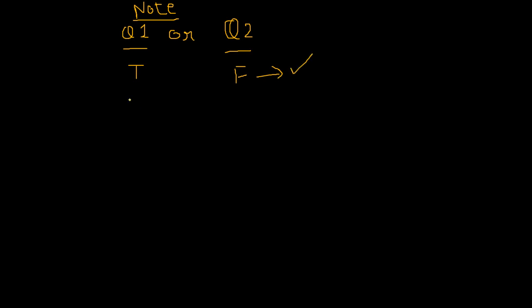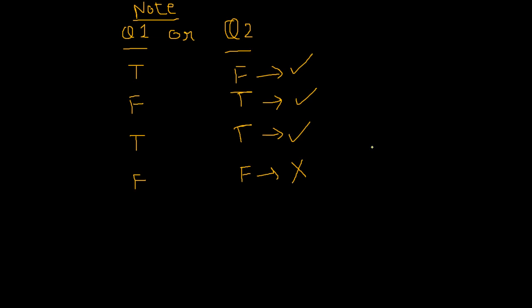If you know both question number 1 as well as question number 2, you can do any one of them, so in that case also you will get the marks. But if you don't know question number 1 and also don't know how to solve question number 2, then obviously you can't solve any of the questions, so you will not get any marks.